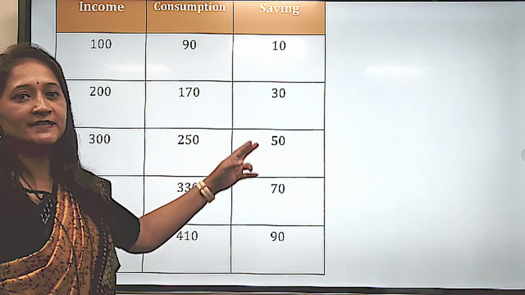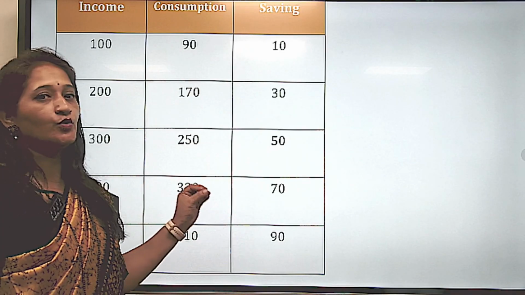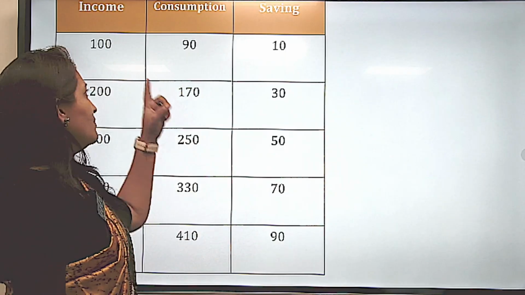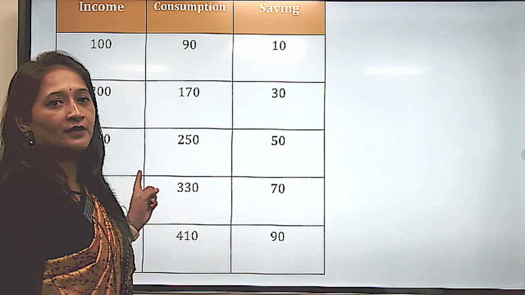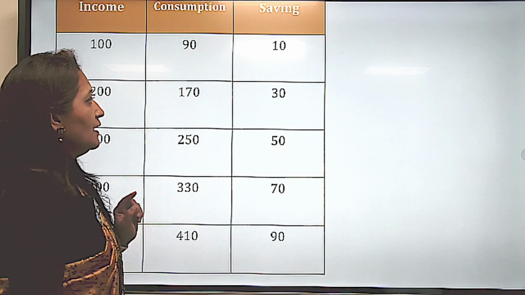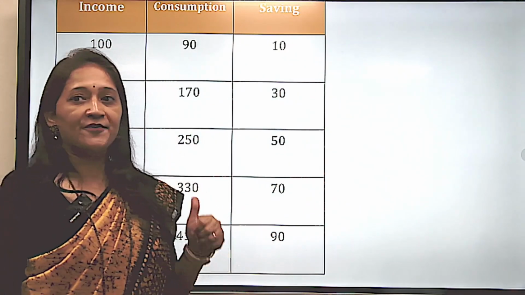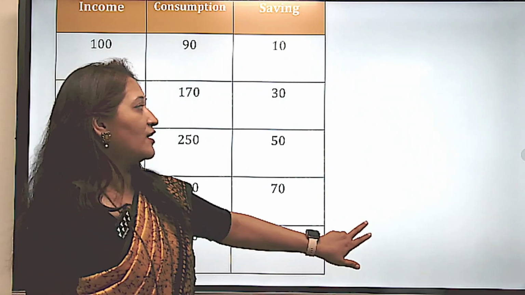Same is the case with saving. By using saving function, we could derive the values for savings of the country based on different levels of income for the country. Now, we are going to do calculation of average propensity to consume and marginal propensity to consume.